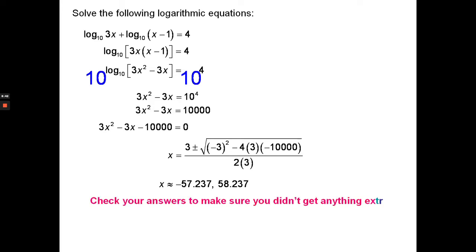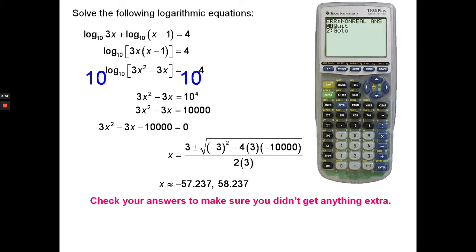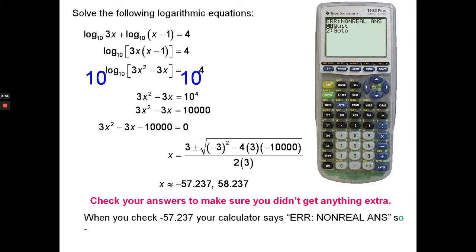Remember to check your answers. So we plug in our negative 57.237 and you can hit enter. And we get error, non-real answer. What that means is, when you did the logarithm, you were doing the logarithm of a negative. So that's what your calculator says to you when you try to do that.